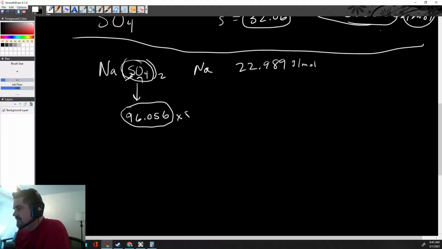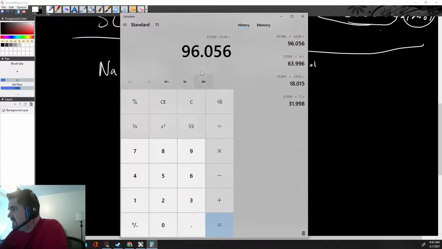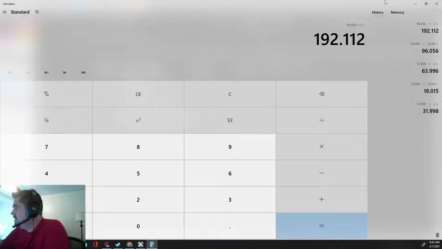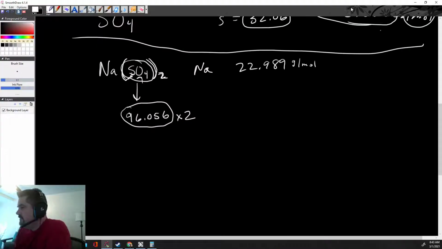But we're going to times it by 2 because there's a parenthesis and the 2 here. So 96.056 times 2 is equal to 192.112. And that's how many grams per mole we would have of 2 of those big old sulfates.